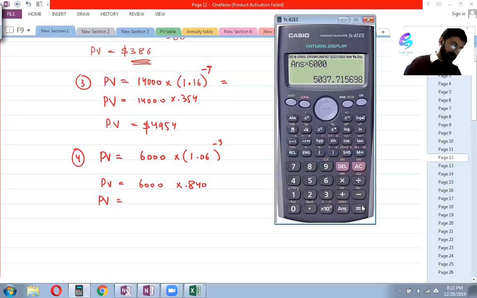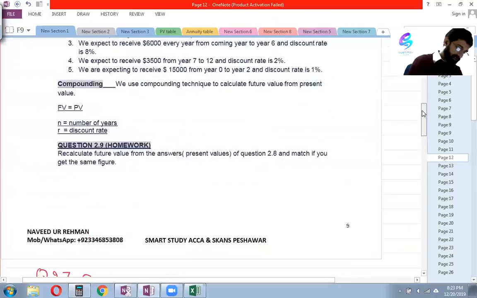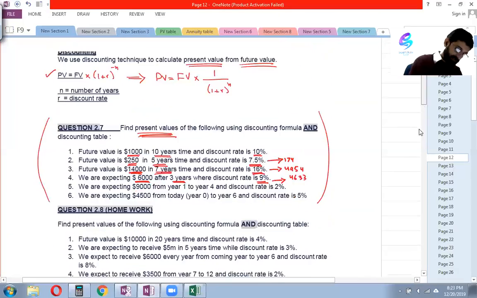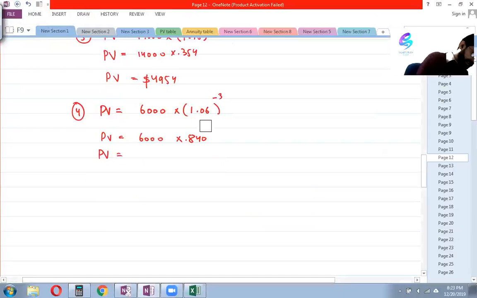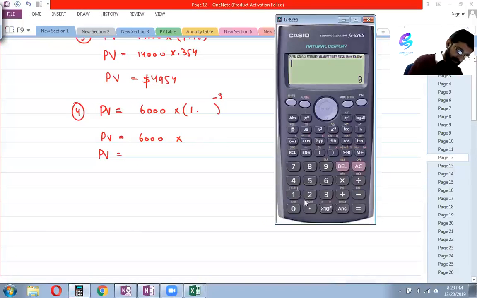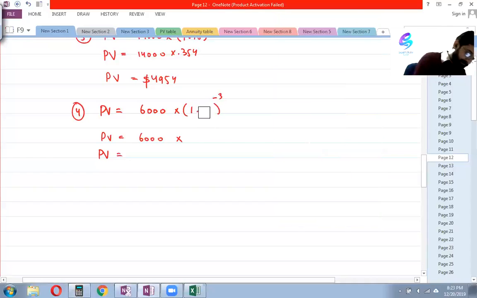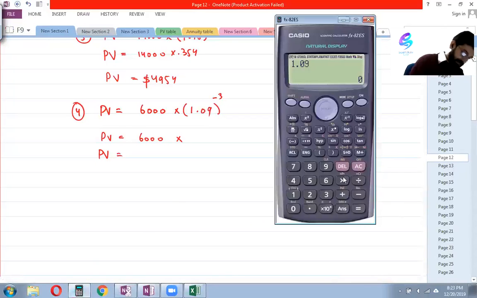Did I do something wrong? It's, I think, not 6%. I think it's, yes, it's not 6%. It's actually 9%. So this value is going to change. So 1.09 raised to the power minus 3.